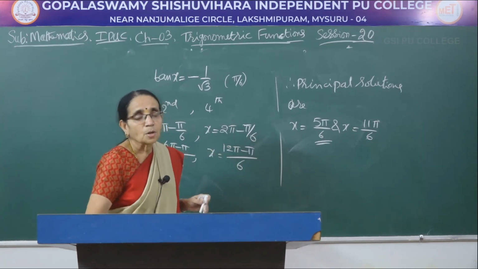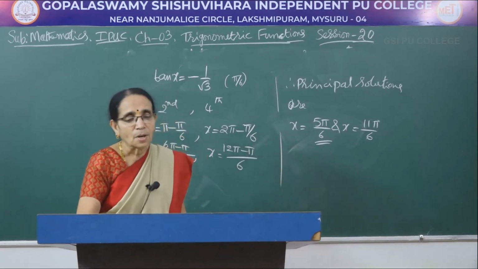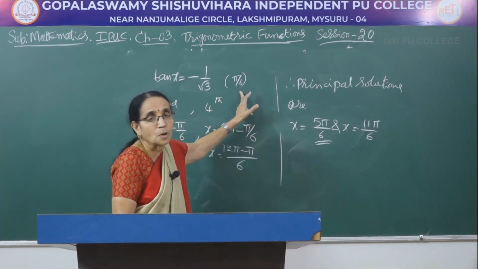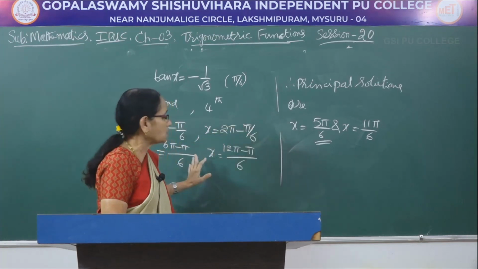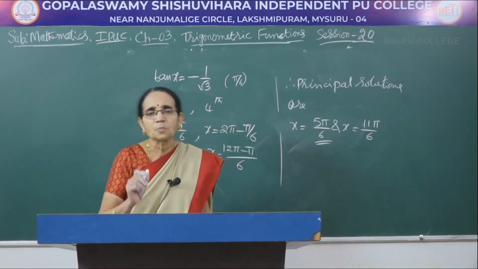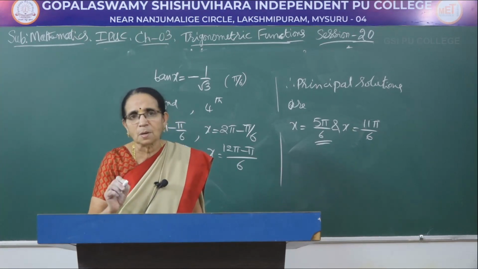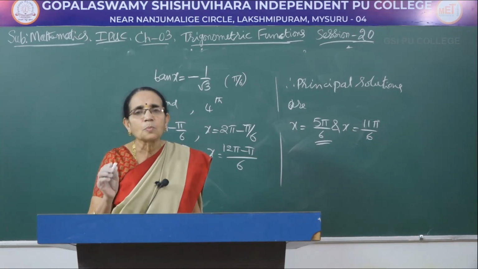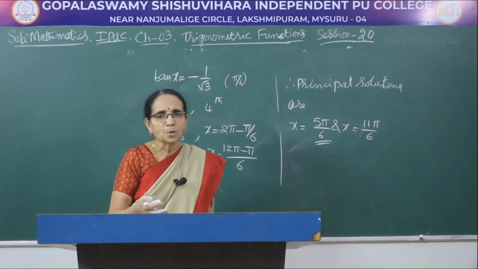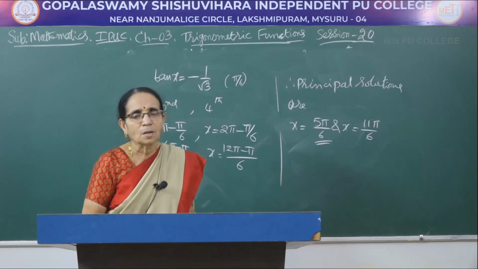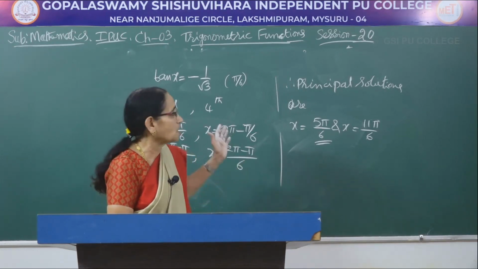So this is how you have to select the quadrants and then consider the corresponding standard angle, then write that one. Second quadrant means express the angle as pi minus something. Third quadrant means pi plus something. Fourth quadrant means 2 pi minus something. Of course, the first quadrant means directly you can write because it is an acute angle which you are already familiar with, the standard values.